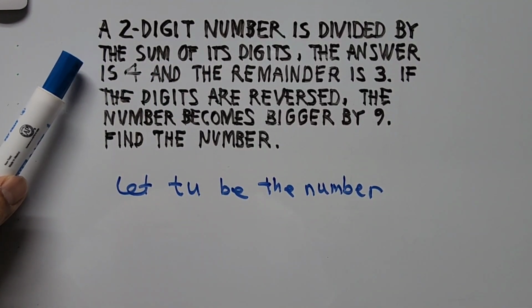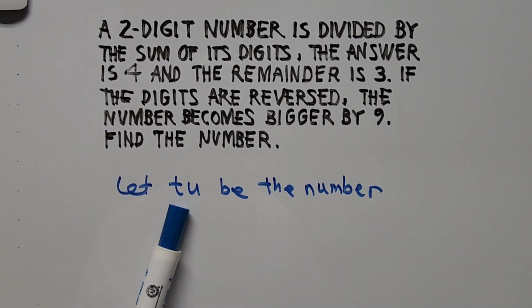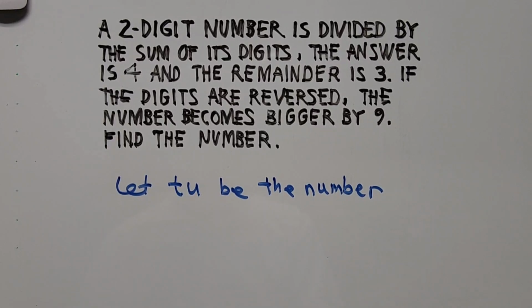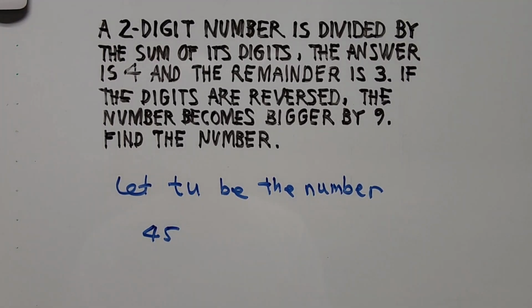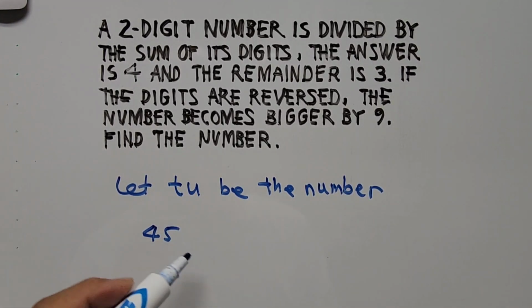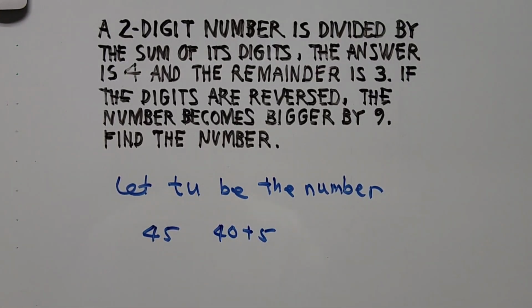How do we write the sum of its digits when it comes to the number represented by TU? Let's go back to the number 45 as our example earlier. So we have here 45, written the same way as in its expanded form, 40 plus 5, right? And so the digits are 4 and 5.